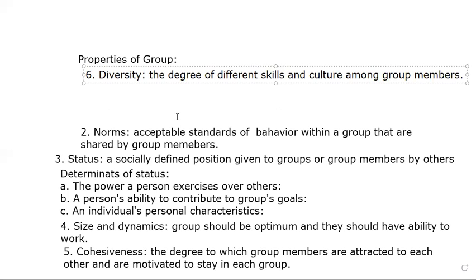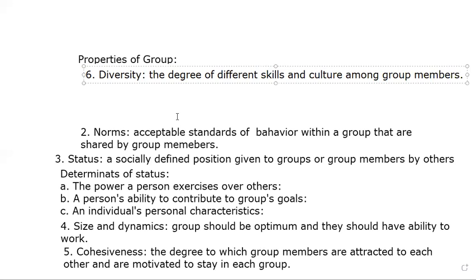So first one is role, then norms, which are standard behavior, expected rules. Status is a socially defined position, with the 3 determinants: power, then ability and personal characteristics. Then size and dynamics means the group should be of optimum size, not too large or too small. If it is too large, somebody will not participate.